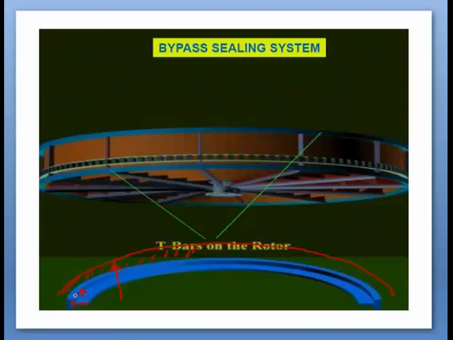So by providing this T or this extended portion, it prevents the leaking of air or flue gas through this passage. That actually prevents the bypassing of air and flue gas without coming in contact with the heat absorbing element.